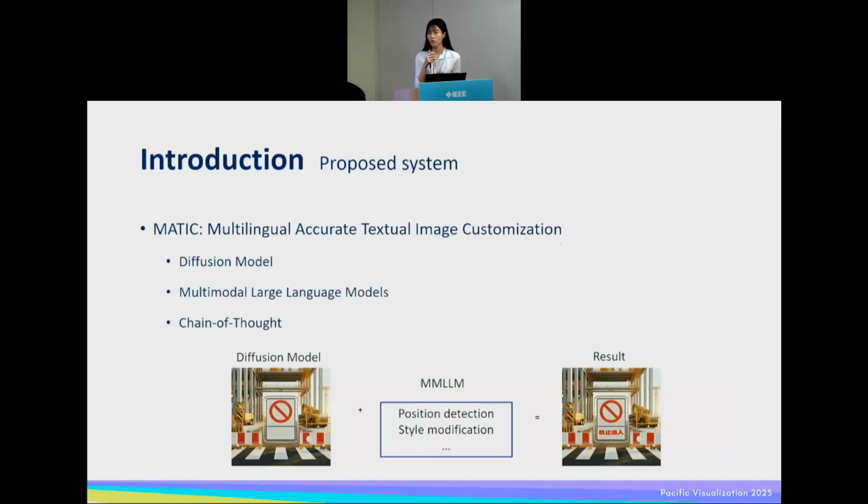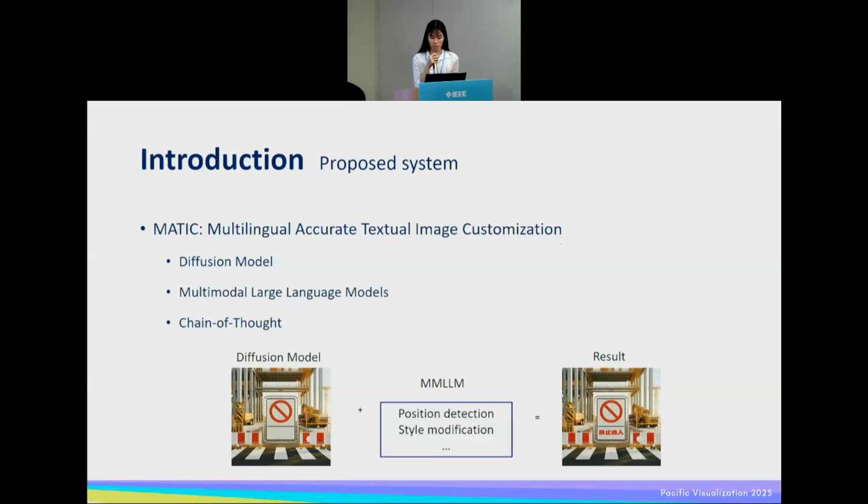So here we propose a system called MATIC, Multilingual Accurate Textual Image Customization. We separate the difficult part with the train of thought concept, because if we want to do a text at a time, it is very difficult. So we just break it down into very manageable parts.